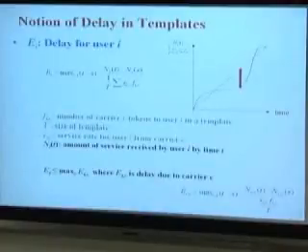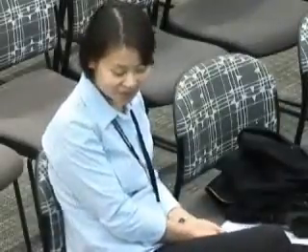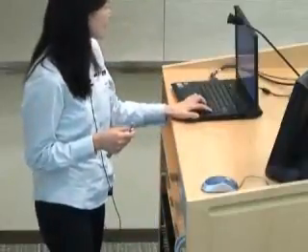Then my question is, the first 2 algorithms are deterministic, right? The third one, I would expect the delay to reduce as the number of users increases. No. Never mind.